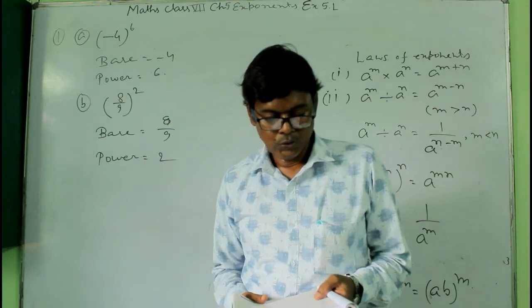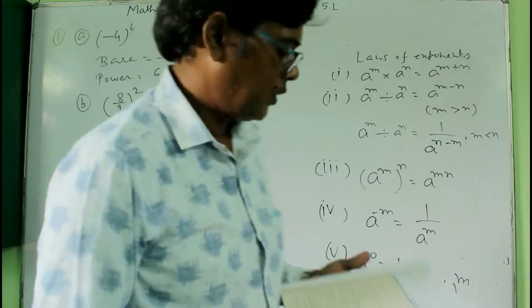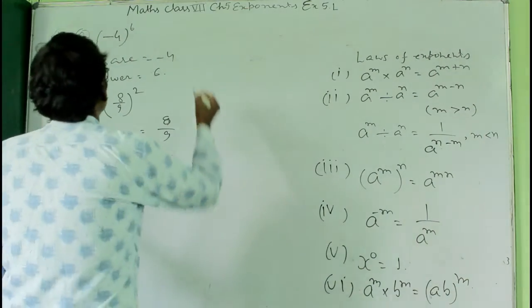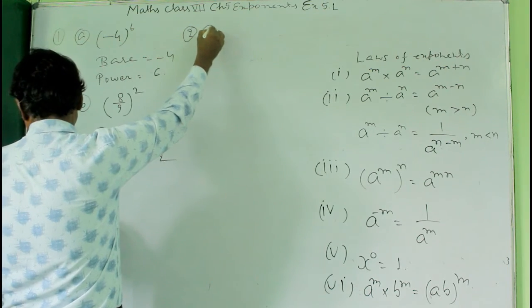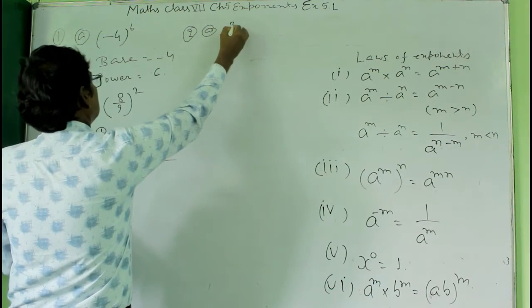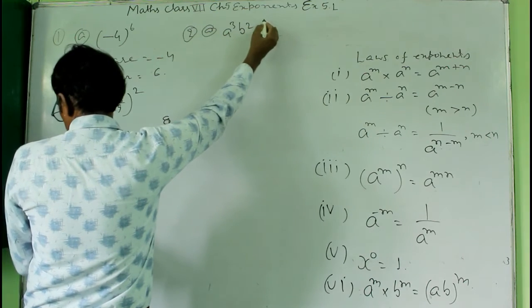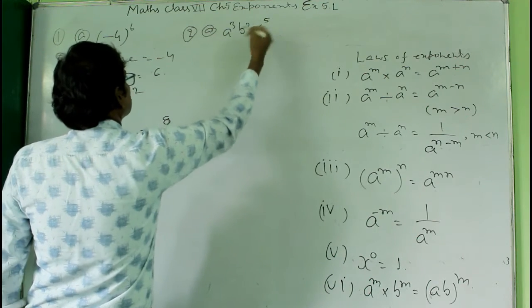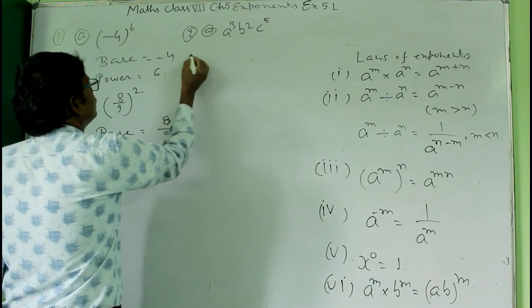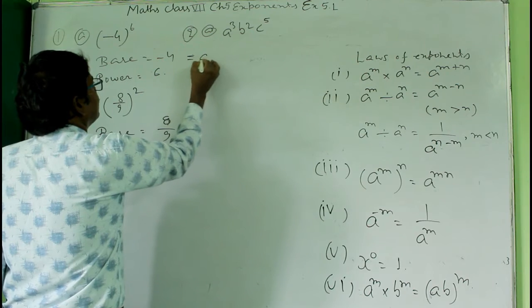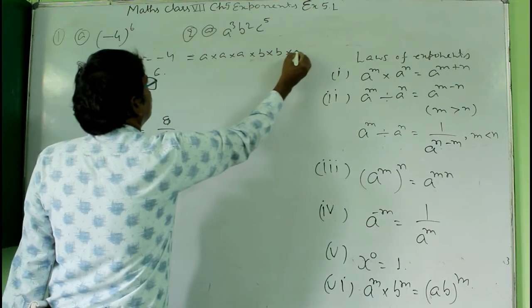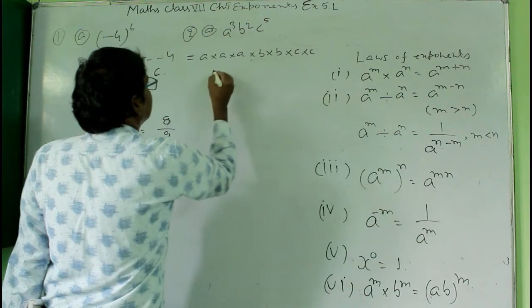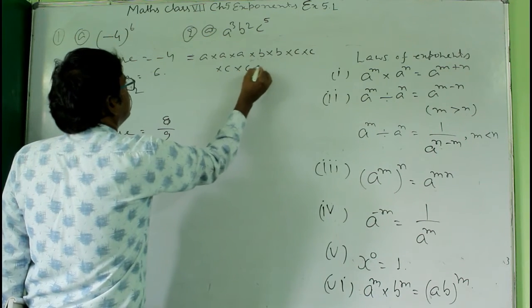Then question number 2, expand the following. Okay, we have to expand. So question number 2, a cube b square c to the power 5. Okay, so it will be very long. So if you write here, then a into a into a into b into b into c into c into c into c into c.